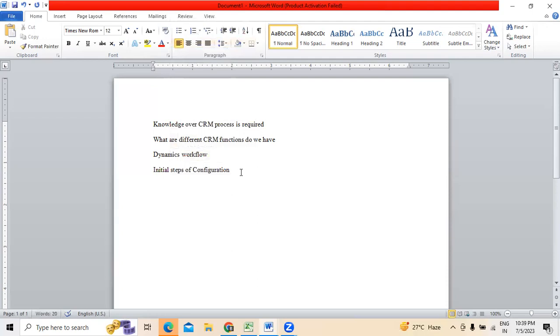Yeah, initial steps of configuration of Dynamics CRM, if we integrate this with any other application, because there will be situations where we have to integrate the CRM application with other applications. Being a business analyst, we need to have knowledge over the initial steps used to integrate that CRM process. So that knowledge is also required.